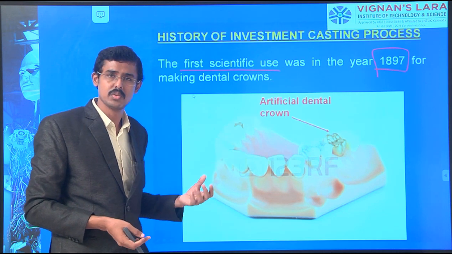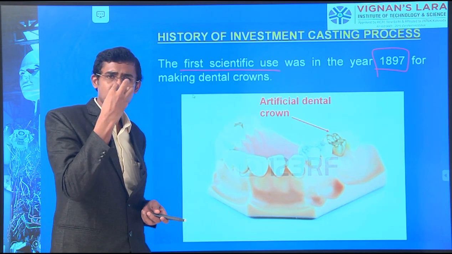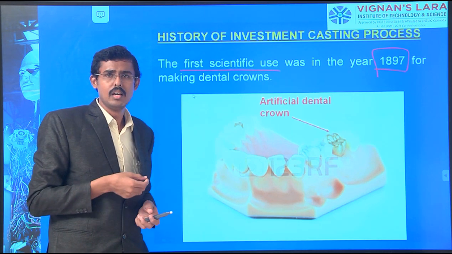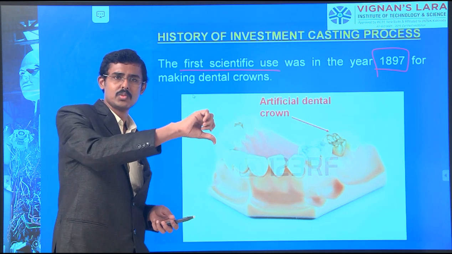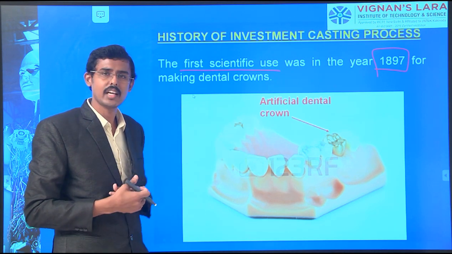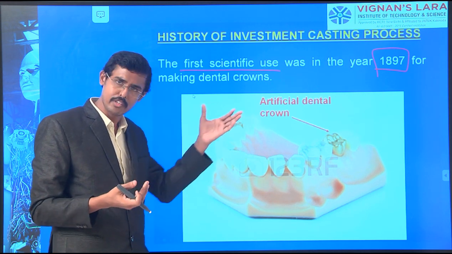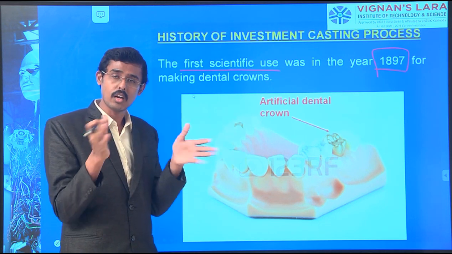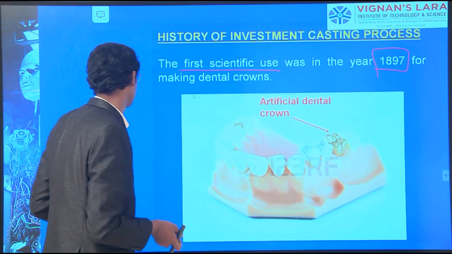We may have seen that they put some glaze in our mouth and take the pattern of the tooth, and then they make the mold, create the cavity, and pour. They create artificial dental parts and then fix them. This is all made by investment casting. We have unknowingly seen this; knowingly and unknowingly we have come across this type of casting process.